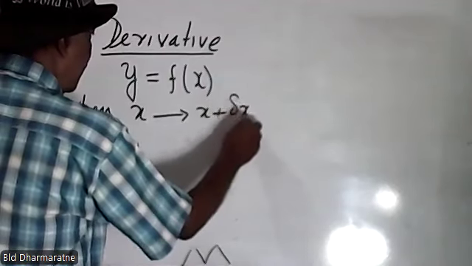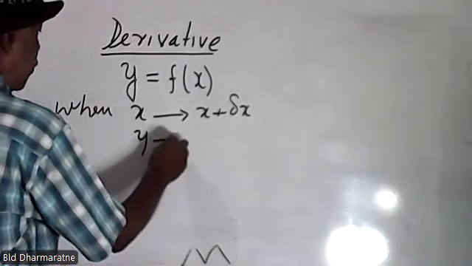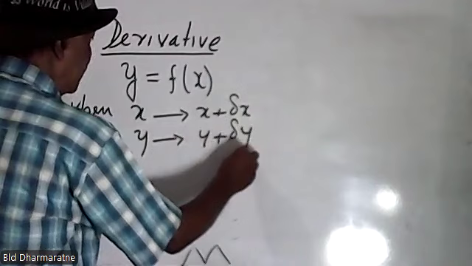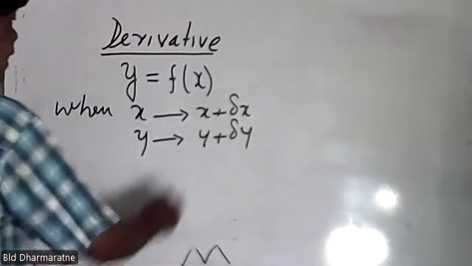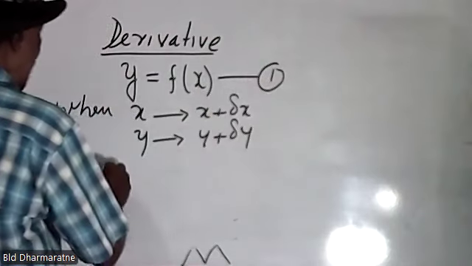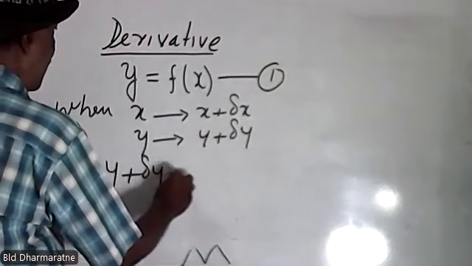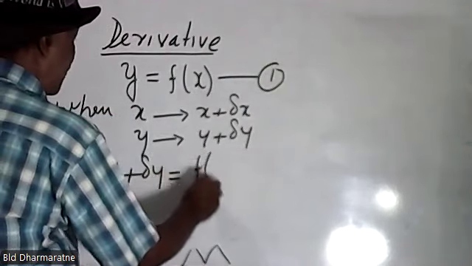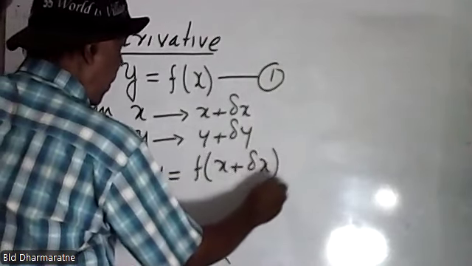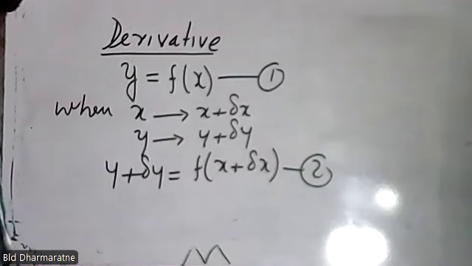Then the corresponding increment is y tends to y plus delta y. Now we can write this function, this is number 1: y plus delta y equals f of x plus delta x, number 2.